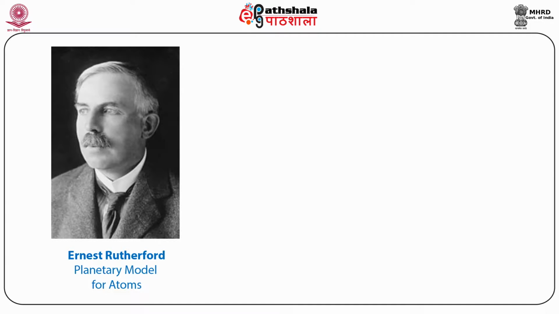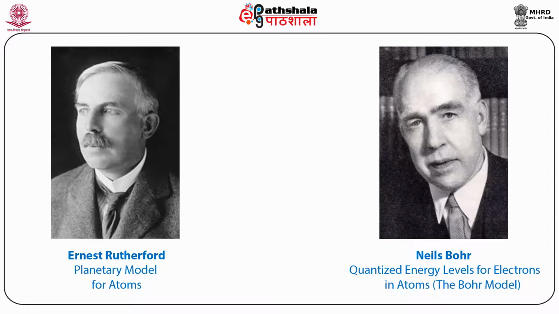In this slide, we see the pictures of two other scientists who are pioneers in the development of the model for atoms. One is Rutherford, who first discovered that the nucleus of the atom is confined to a very small region and the electrons are outside the nucleus. We now know that the electrons move in different orbits. The other picture is of Niels Bohr, whose theory we are going to discuss in the coming slides.